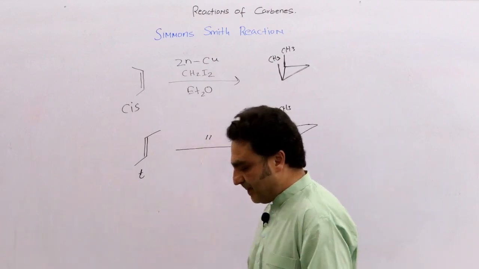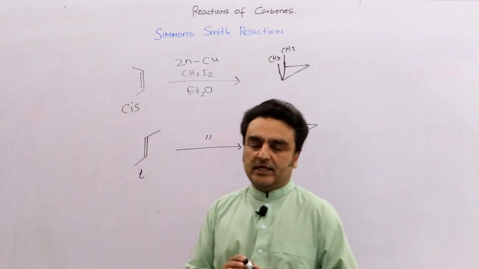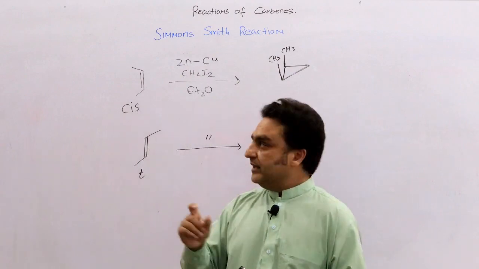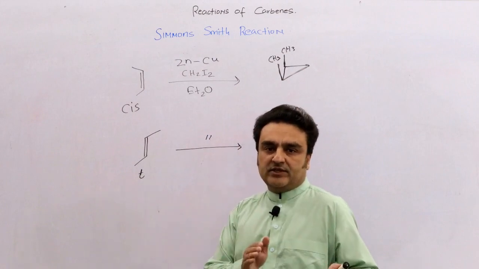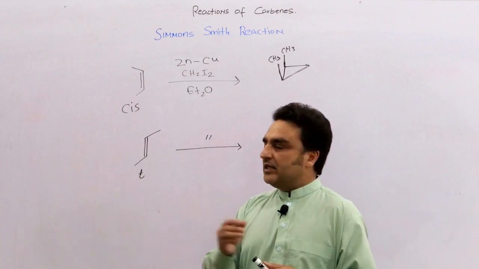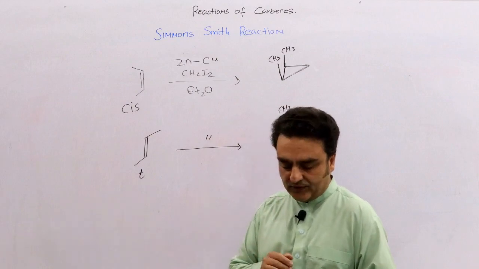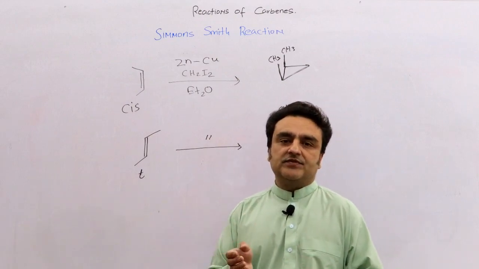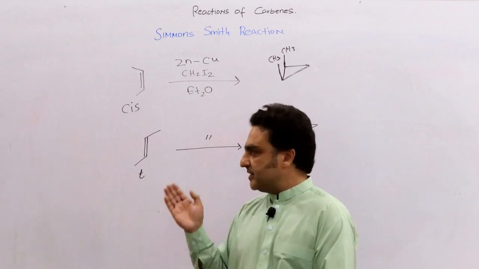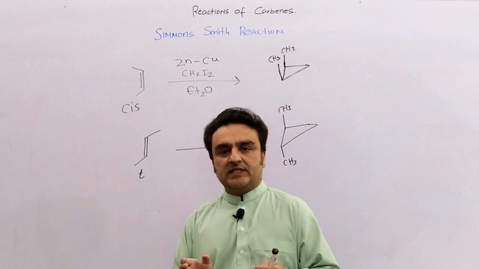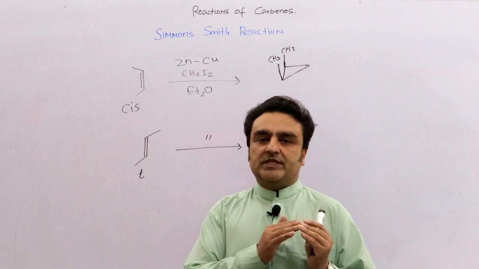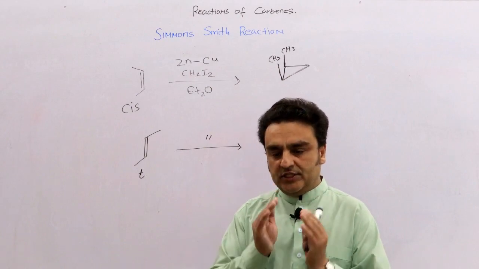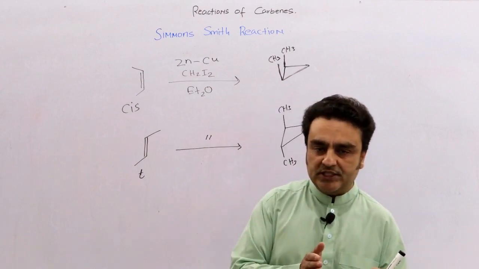As I told you, when we see the reaction mechanism in a little more depth, we will come to know that this reaction doesn't involve a free carbene. It involves a carbene attached to some metal, which is called a carbenoid, and it is a very good reaction. The yield of the reaction is very good.